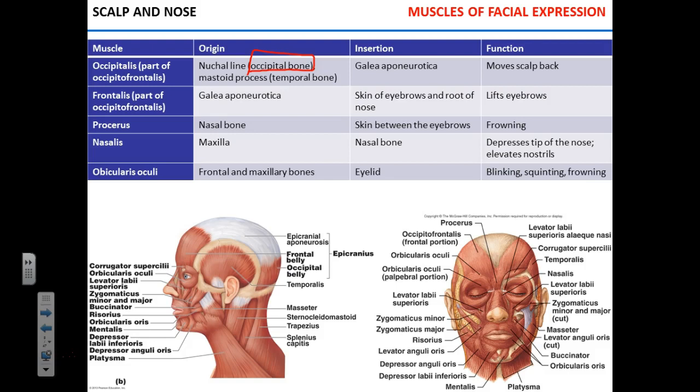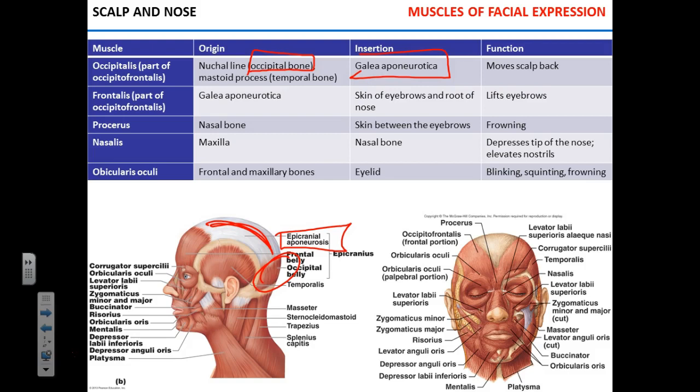You see that little back part here? That's occipitalis. It starts from the occipital bone and is inserted into the structure called galea aponeurotica. Here it is highlighted as epicranial aponeurosis.